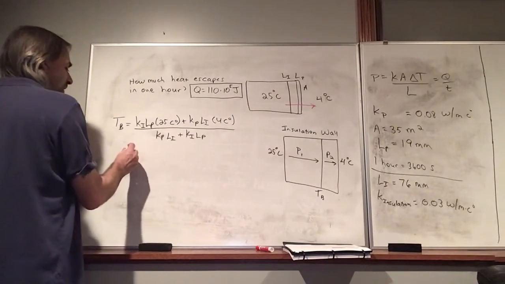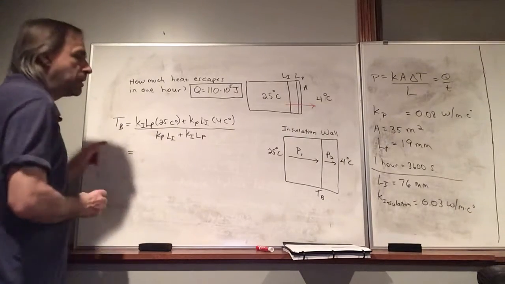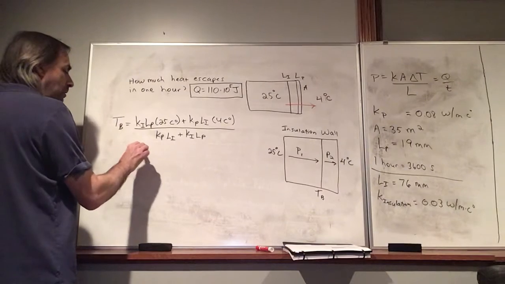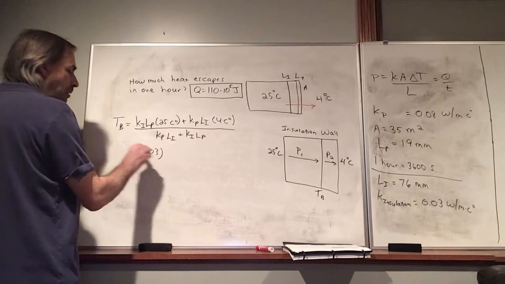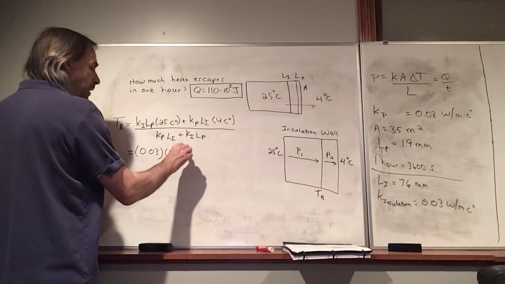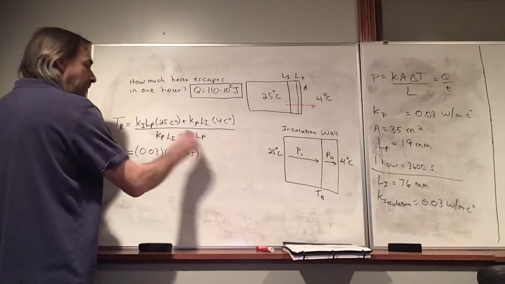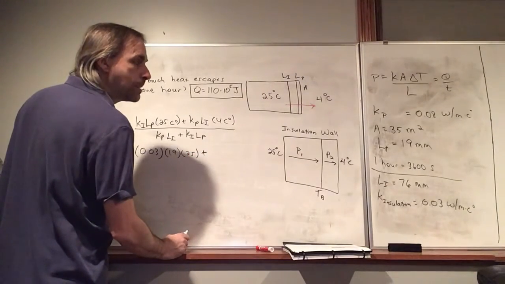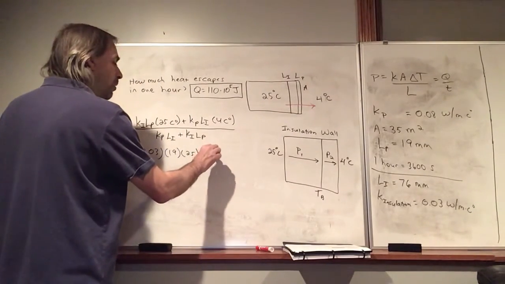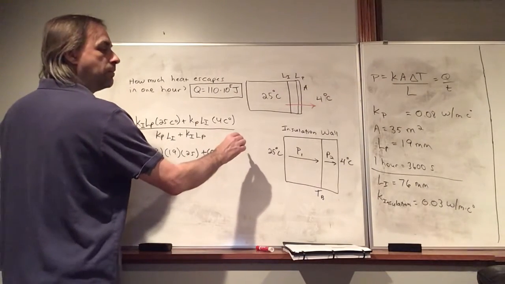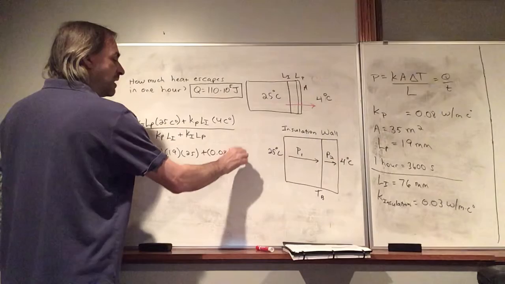So we can just plug in the numbers here. Ki would be 0.03. Lp is 19, and then times 25. And for K for the plywood, that was 0.08 times the length of the plywood, which is 76.